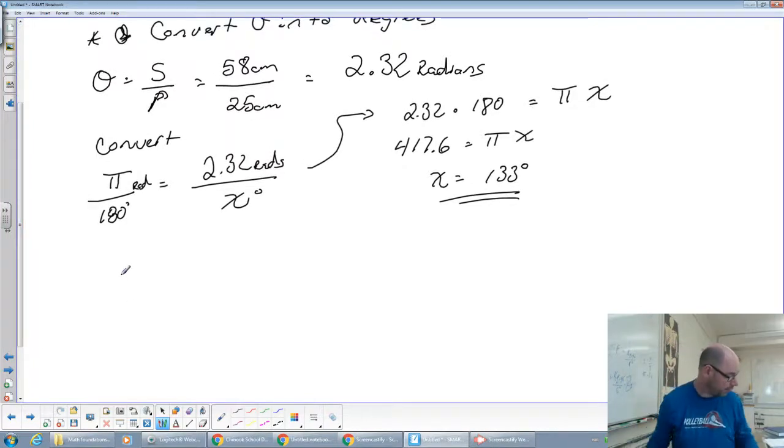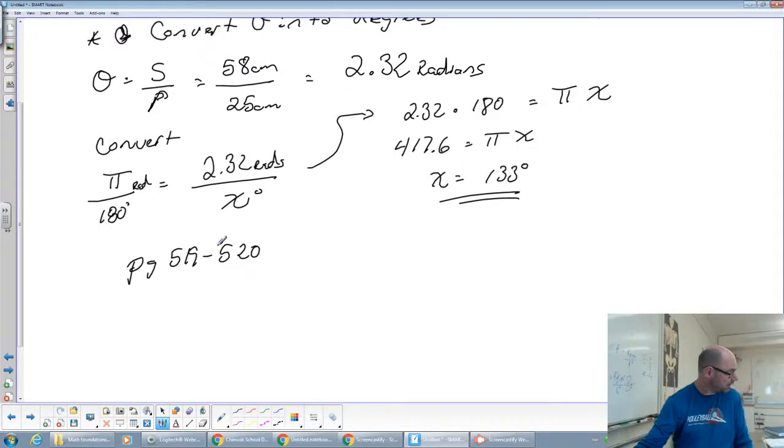Okay, so here we can do page 519, 520. Now they use the word estimate, and the reason they're using estimate is because it's not an exact value. You're rounding pi off, or when you're multiplying or dividing by 57.3.